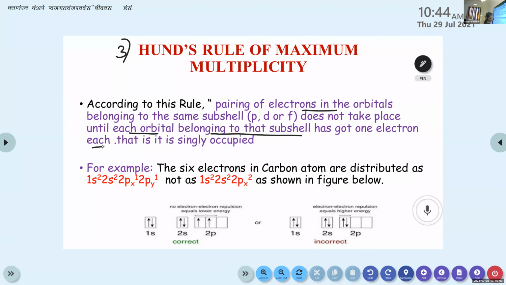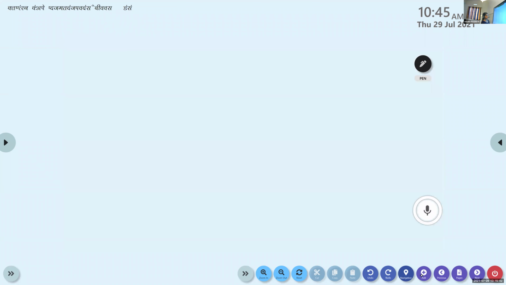When you are considering the P subshell, how many orbitals are there in the P subshell? Tell me, 3, right? So we can draw these 3 orbitals like this.